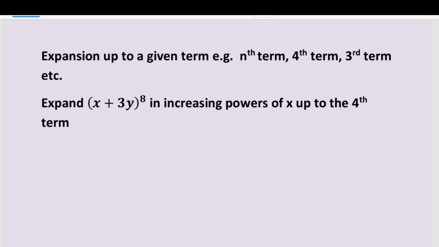I want us to agree that when we're told to expand up to the fourth term, for example, this example 1 here, where we are told to expand x plus 3y raised to power 8 in increasing powers of x up to the fourth term, you are going to only write the first four coefficients of raising a given binomial to power 8.